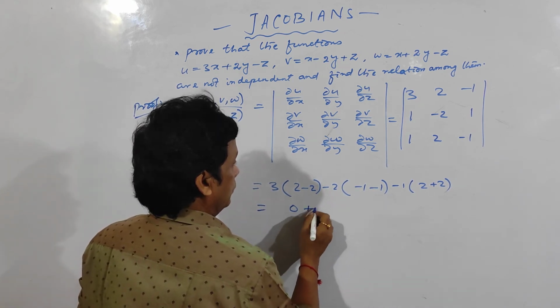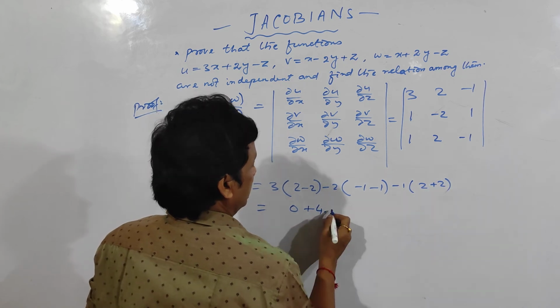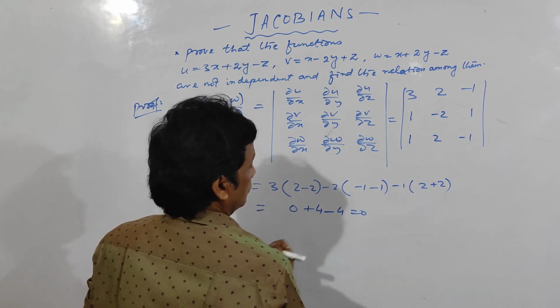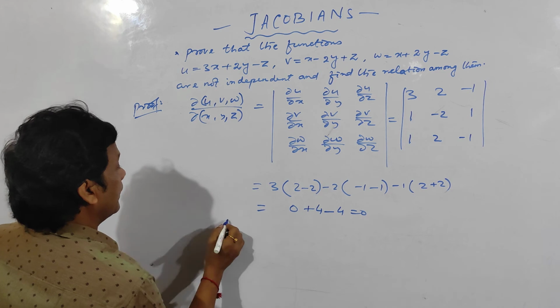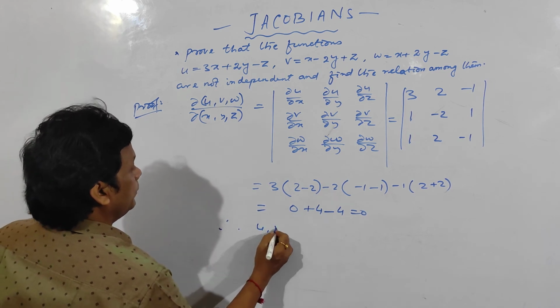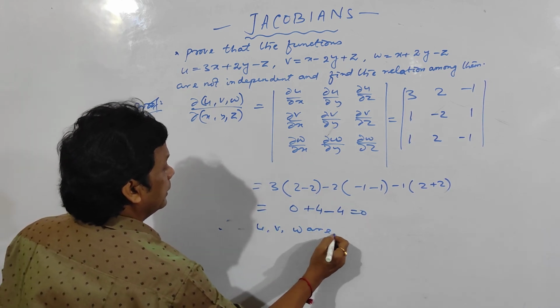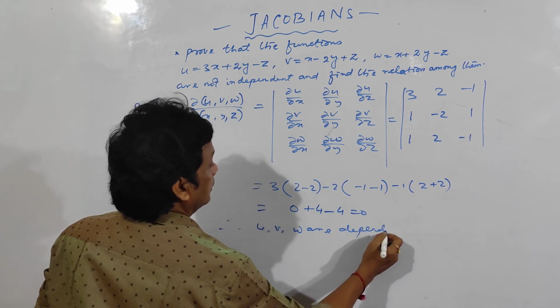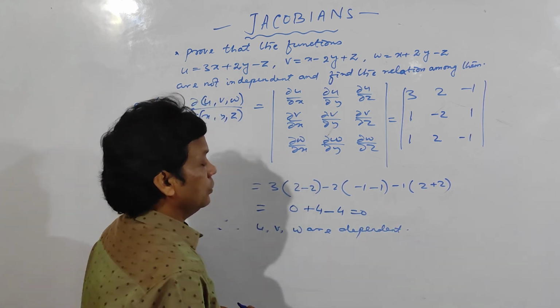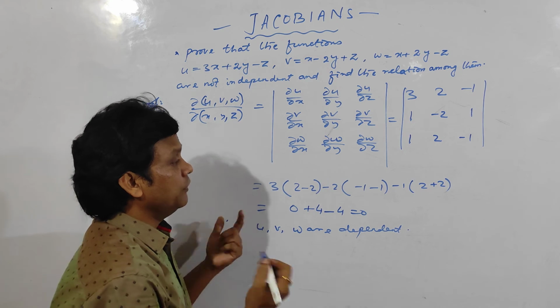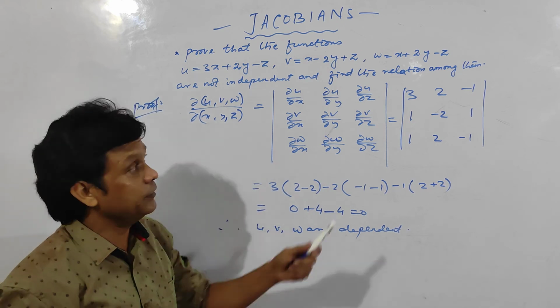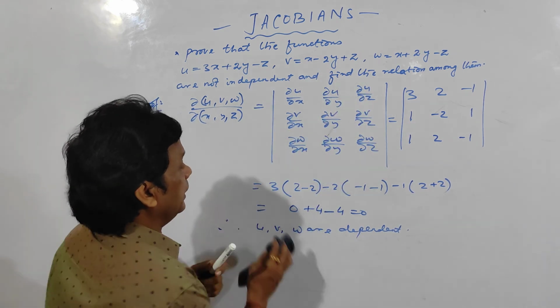Minus 2 minus 3 is 4. And this is minus 4. So it is 0. Therefore, u, v, w are dependent. Since the Jacobian is 0, u, v, w are dependent. Now you have to find out the relationship between u, v, w. It is given that if they are dependent, then you have to find out the relationship between them.